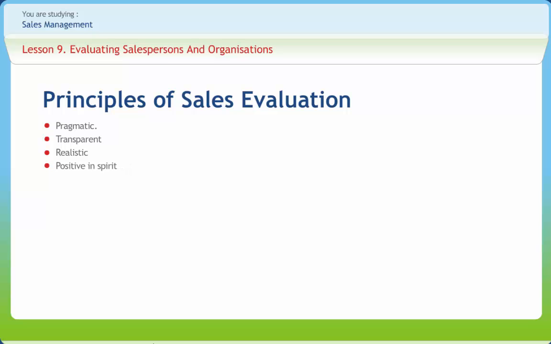It should be articulate and self-explanatory, thus providing valuable inputs to make policies that help attain the sales objectives. It should motivate the sales force to participate in and share their inputs in improving the methods and procedures of evaluation. It should be based on benchmarks and standards and not on prejudices.